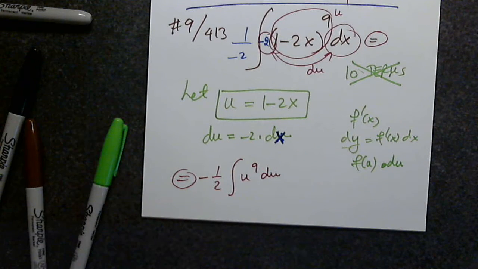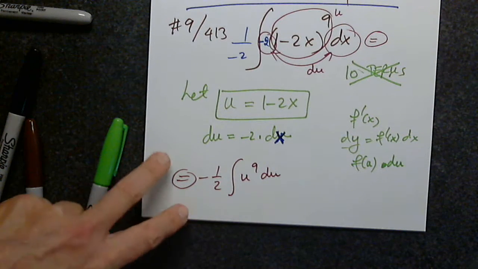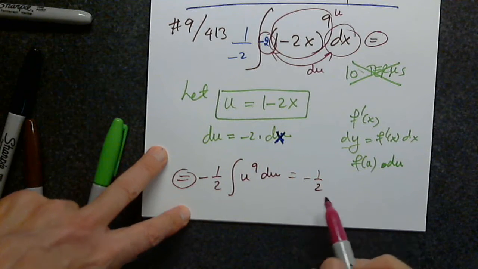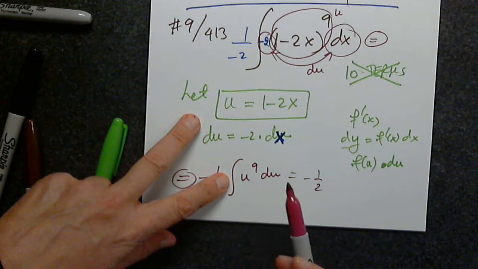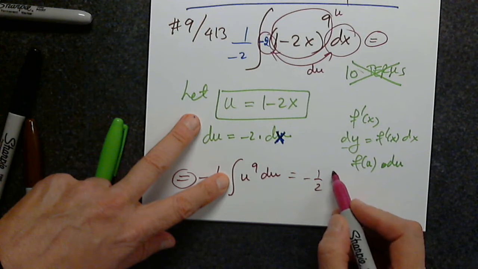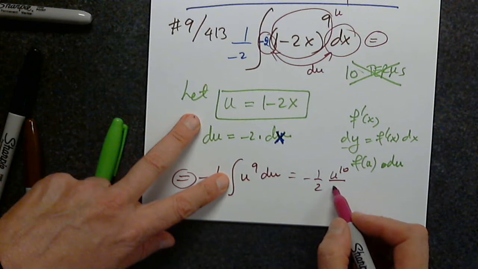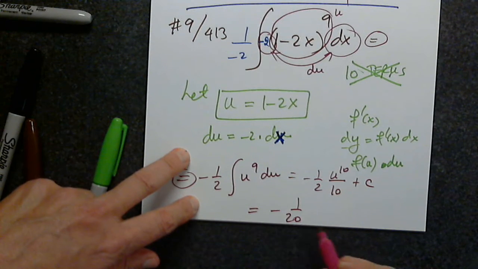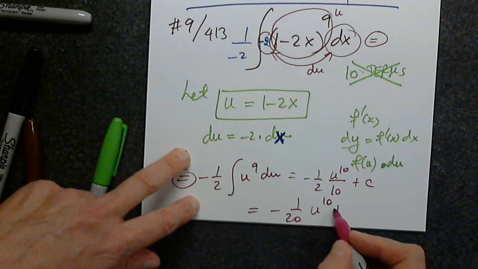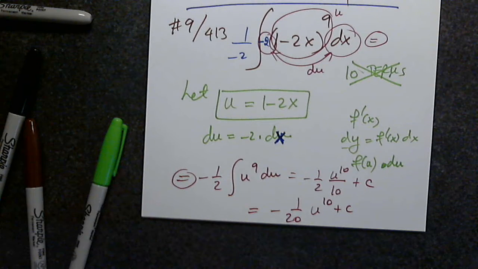And this is much nicer. And the answer is negative 1/2 times, what function has derivative u to the 9th? u to the 10th over 10 plus a constant c, or negative 1 over 20 u to the 10th plus a constant c. This is awesome, but I cannot give the answer in u.